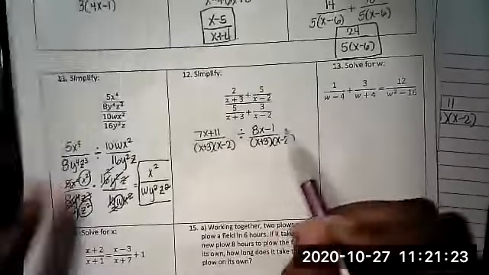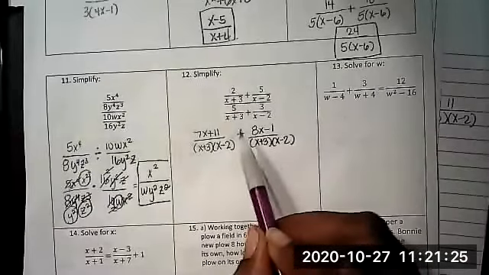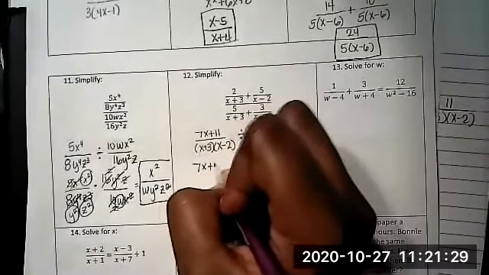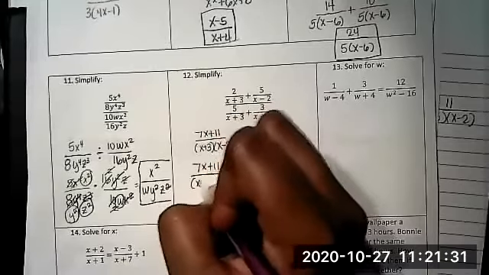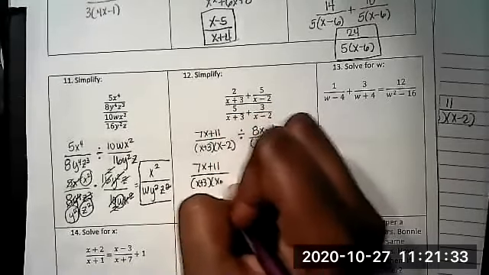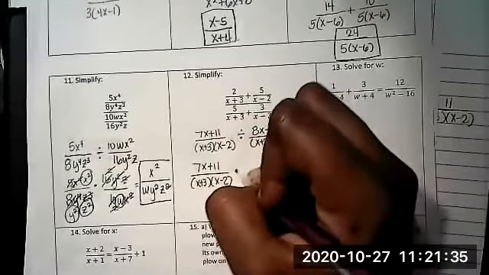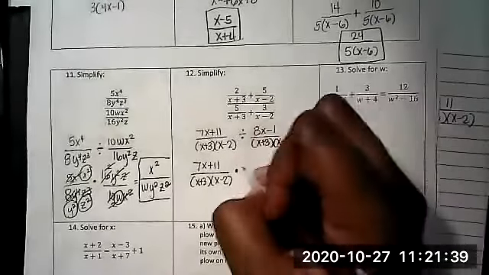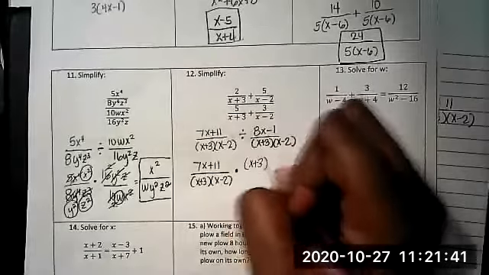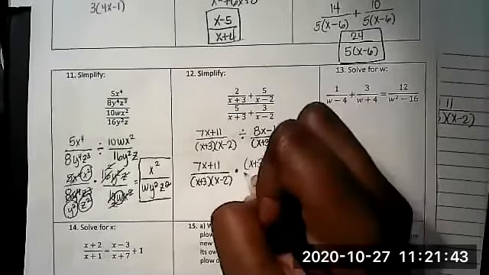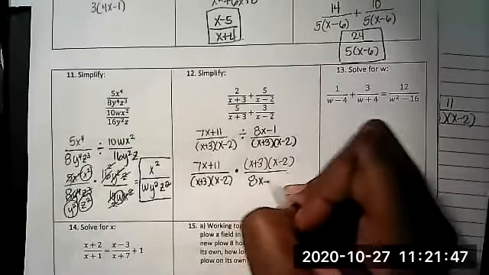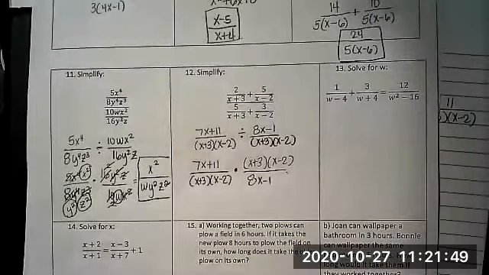Now, remember what you do with division. We're dividing, so the first stays the same, x plus 11 over x plus 3, x minus 2. We can multiply by the reciprocal, okay? This goes to the top, x plus 3 and x minus 2, over the bottom now becomes 8x minus 1, okay?